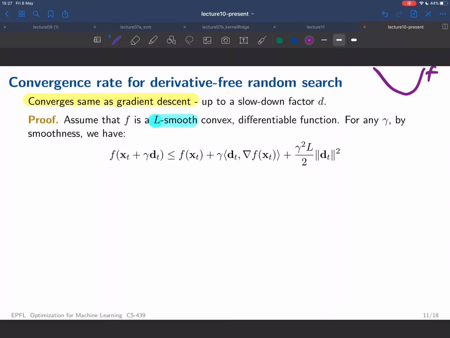Here's your f, but you don't see the whole f, right? You don't have gradients. So you're currently at x. You want to go down here, right? So you want to walk in the left direction.